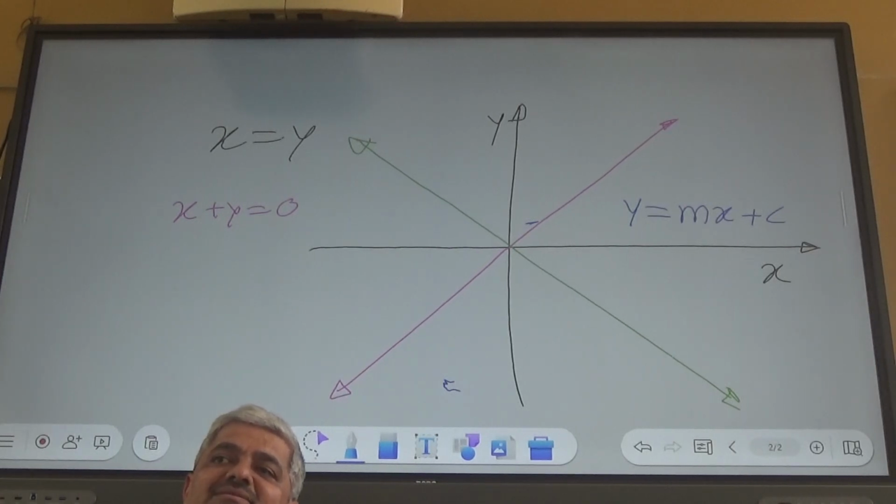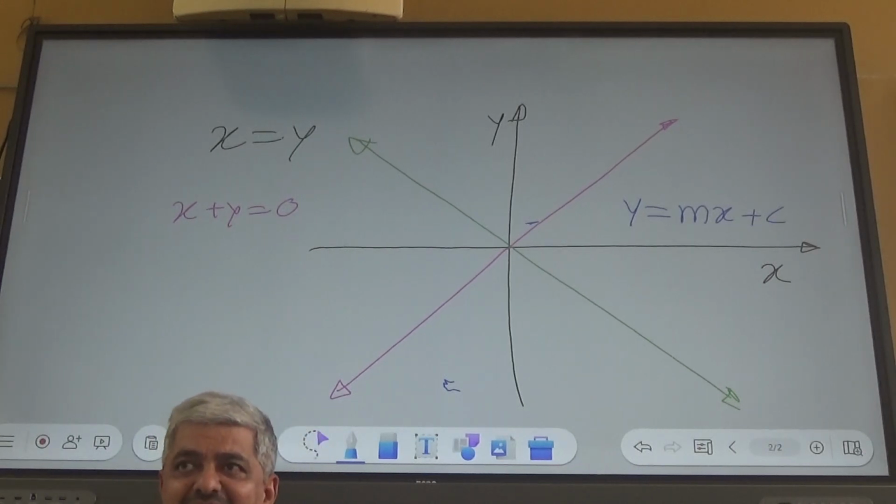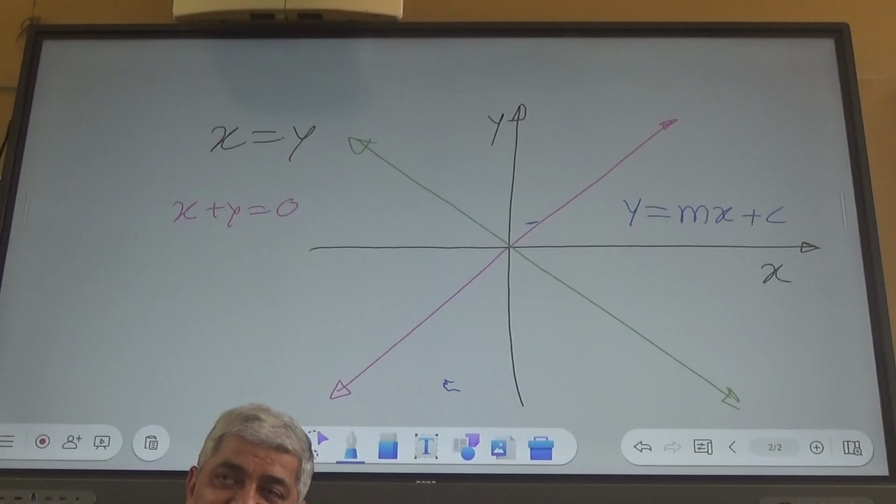What do you indicate? Intersection of two planes. So it will be a line.